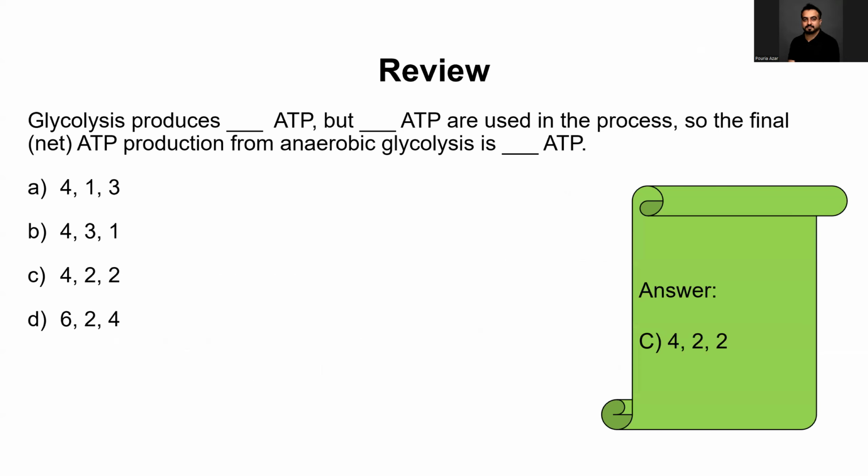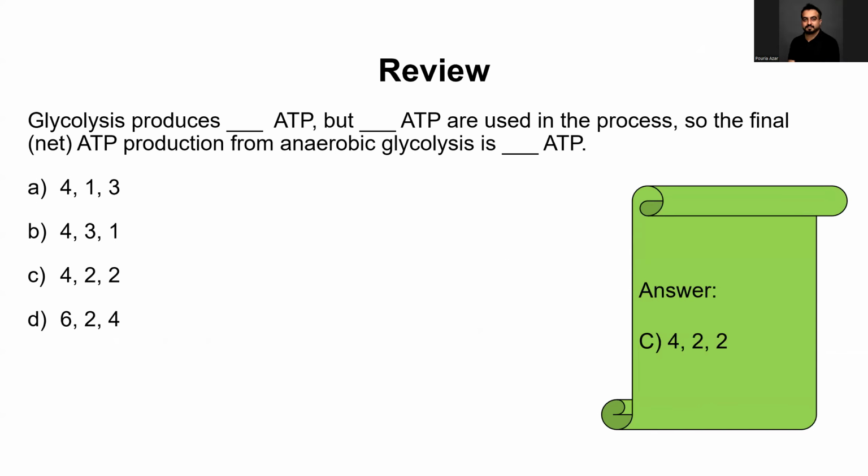Let's answer this question. Glycolysis produces how many ATP molecules, but these ATPs are used in the process, so the final net ATP production from anaerobic glycolysis is 4 minus 2.